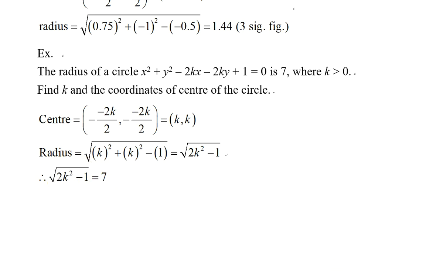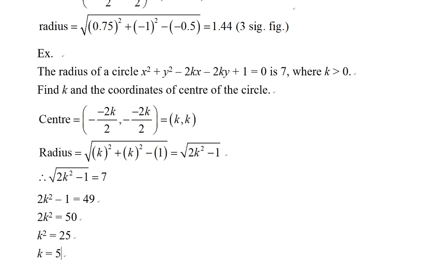Right hand side, the question told you that the radius of the circle is 7. Now, take square on both sides. 2k square minus 1, that's 49. Both sides plus 1, 2k square equals 50. And hence both sides divided by 2, k square equals to 25.